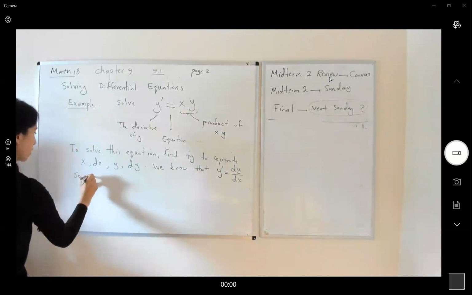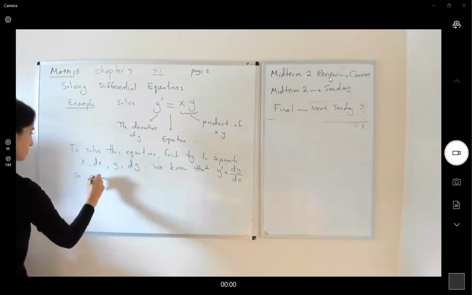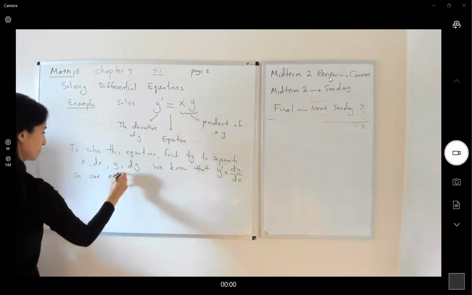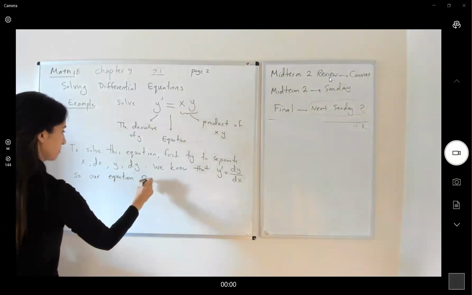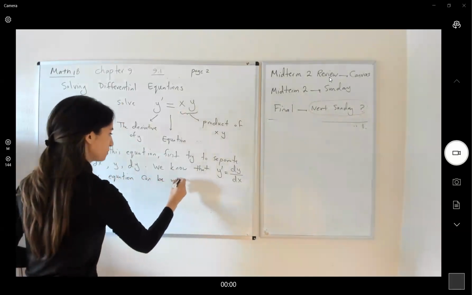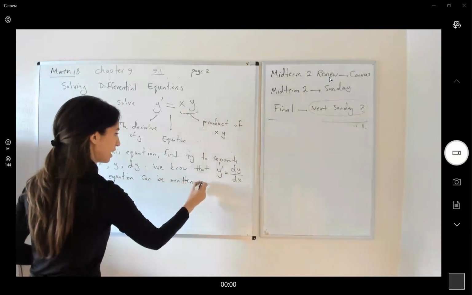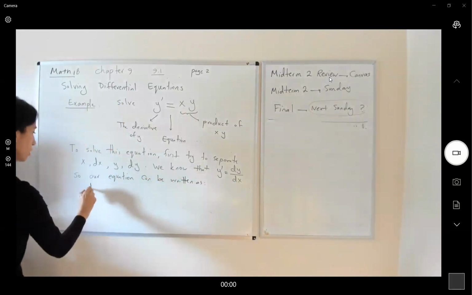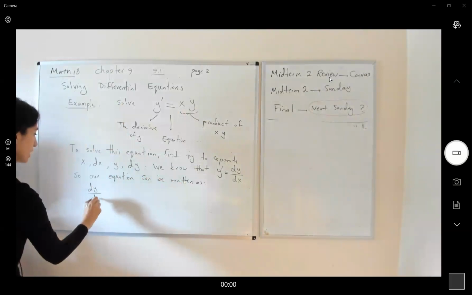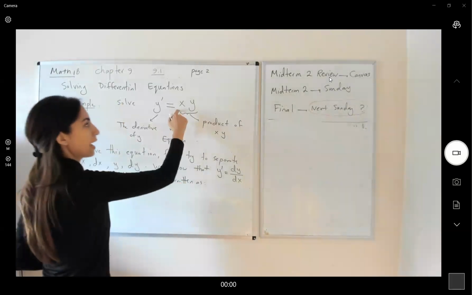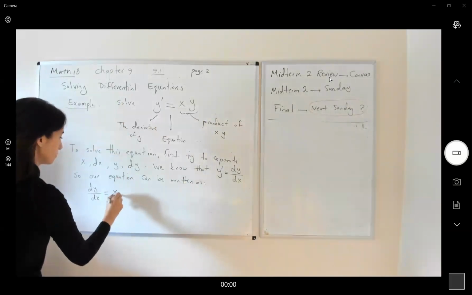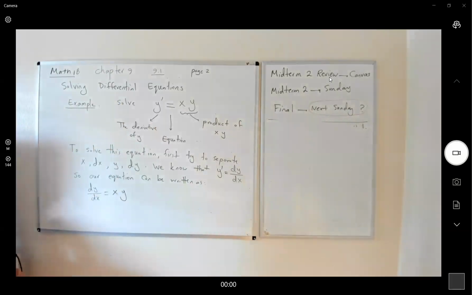So our equation can be written as dy over dx equals x times y.